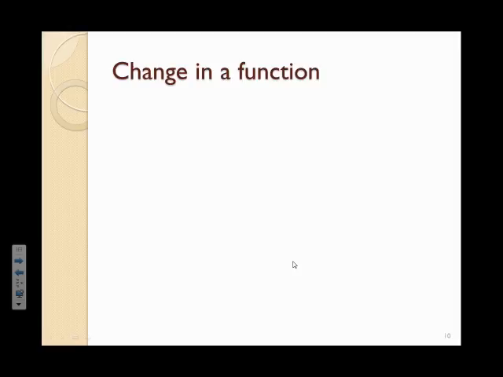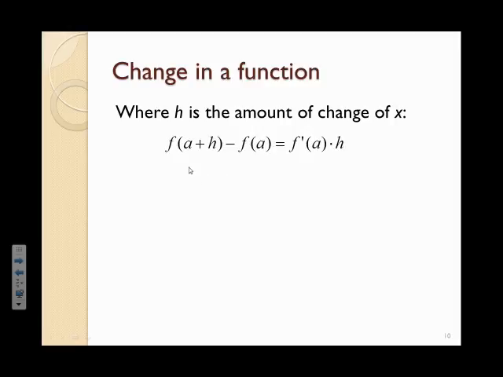Now, when we're working with change in a function, where h is the amount of change, again, with the Kindles, we wanted to produce 2 more Kindles. h would be 2 in this case. We could look at it and say, well, the amount of change, if we were producing 500, a would be 500. 500 plus 2, the cost of producing 502 minus the cost of producing 500, that's the amount of change, right?